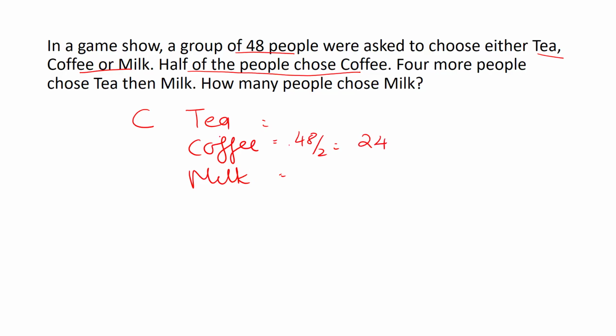So 24 people choose coffee, and 4 more people choose tea than milk. But we don't know how many choose milk either. So we need to find how many choose milk. We'll say the people who choose milk was X, and then 4 more people choose tea, so we'll write X plus 4 there.